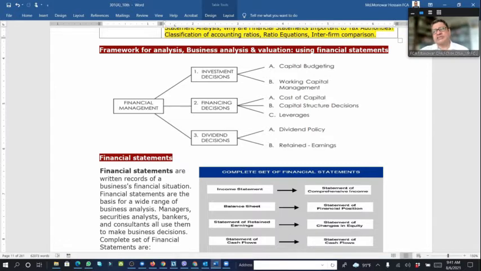So there are different types of dividend policy organizations use. Sometimes we have seen cash dividend, paying cash dividend or stock dividend, and a few companies establish a zero dividend policy.